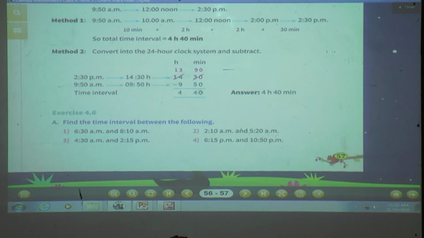Yes, very good. Now we will solve our exercise 4.6. What is the first question? Find the time interval between the following.